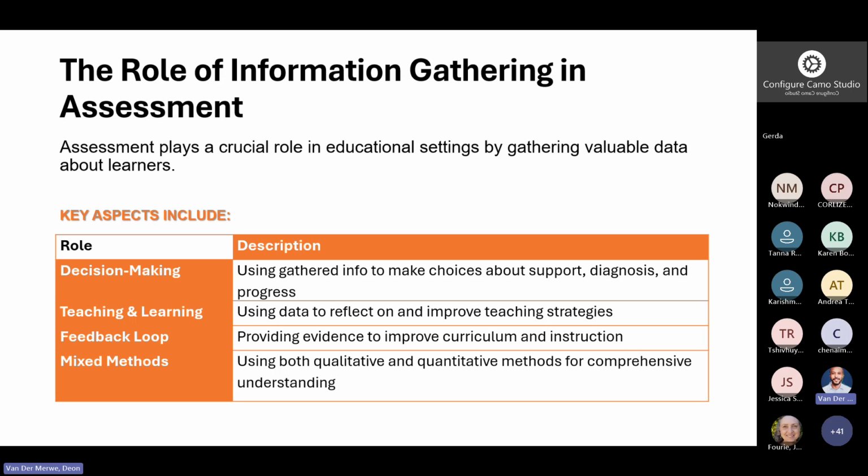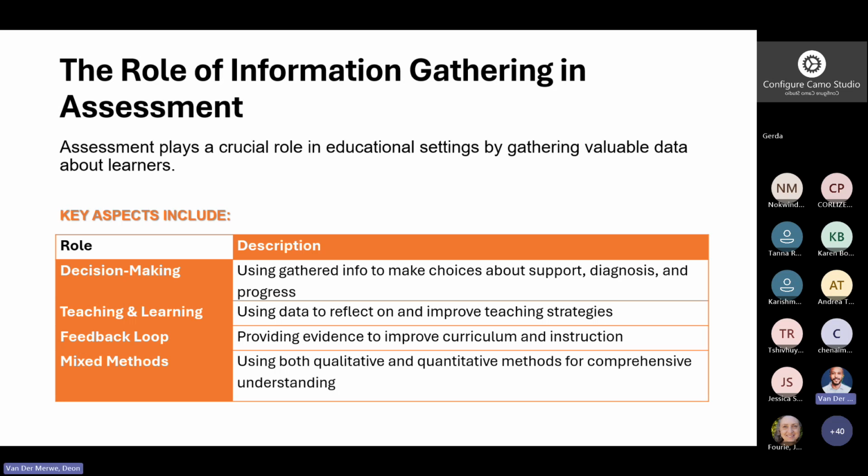And then we also have the mixed method. The mixed method speaks about the qualitative and quantitative data that you will be collecting throughout the assessment process. This is done in order to get a full picture of the learner's performance.